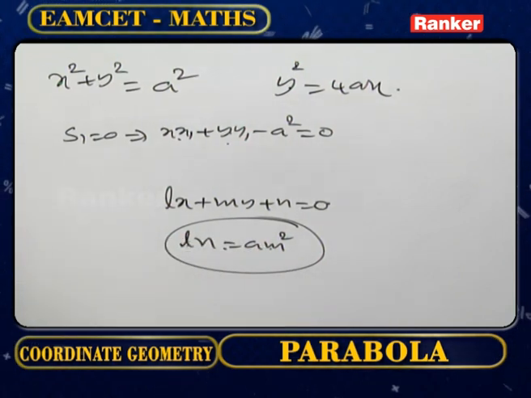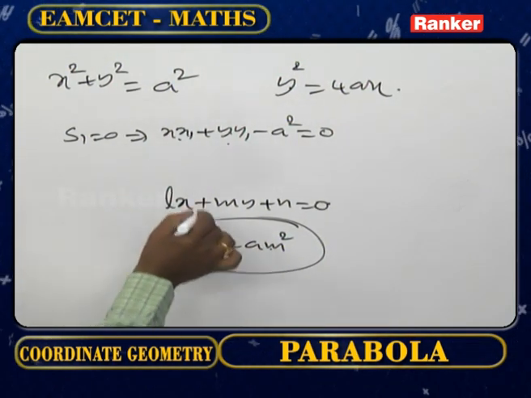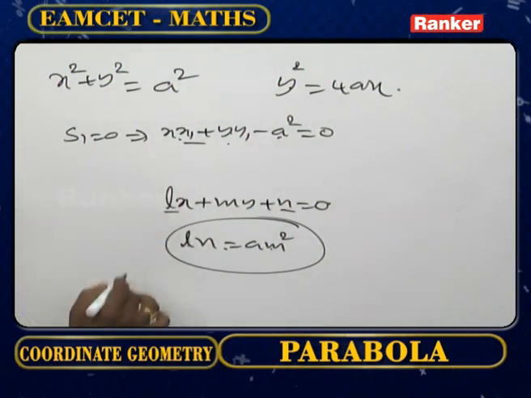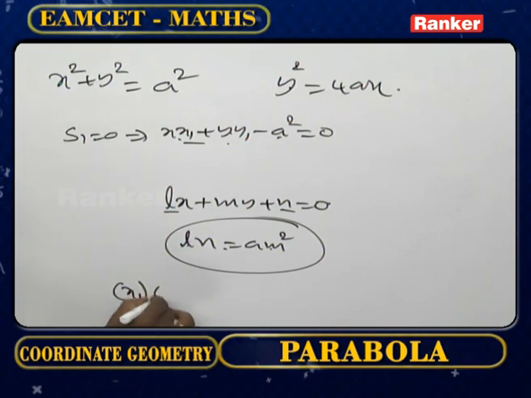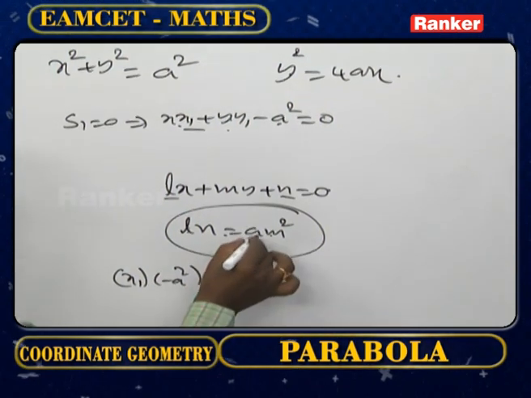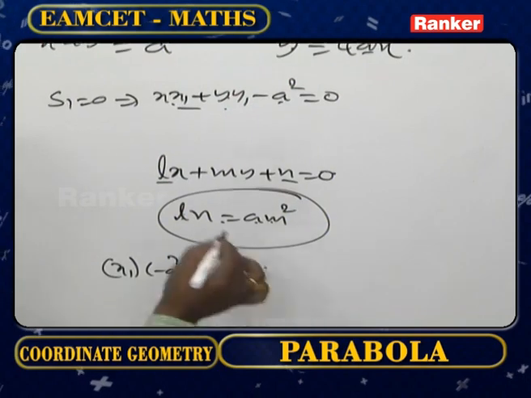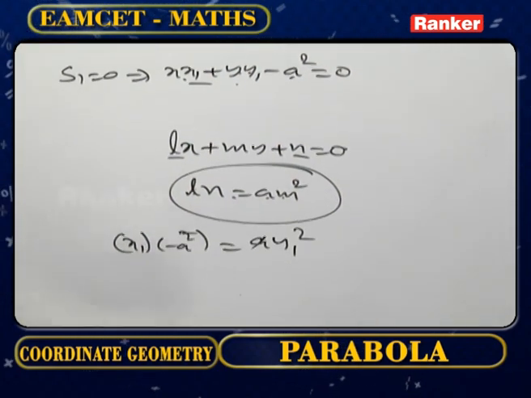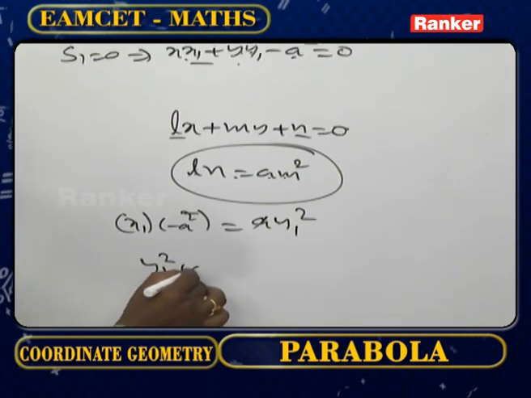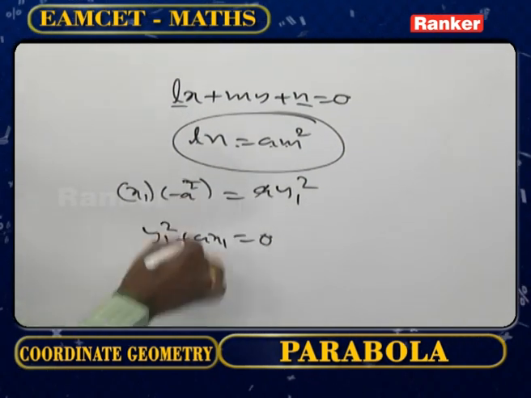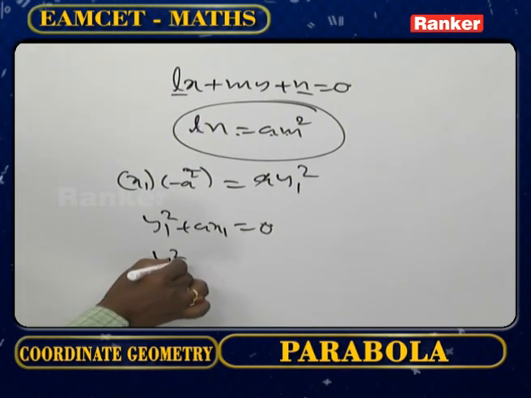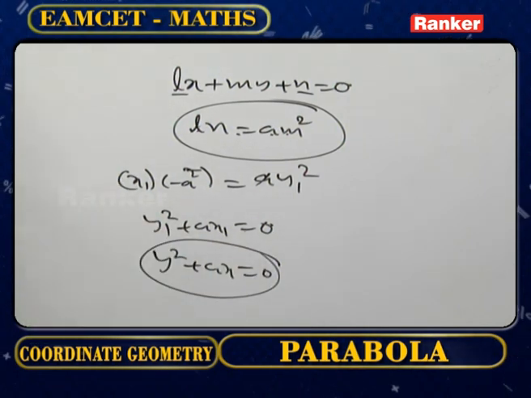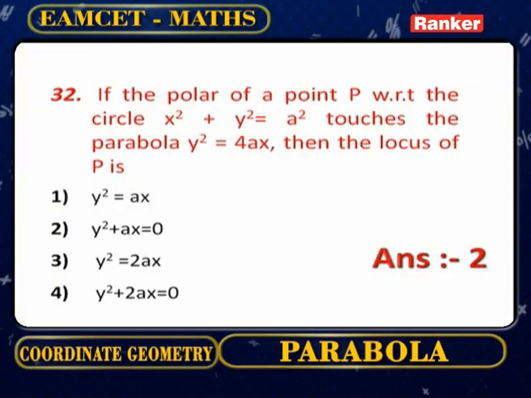Now substitute: l is x1, m is y1, n is minus a square, so x1 into minus a square equals a into y1 square. Now one a cancels, so y1 square plus a x1 equals 0. Then the locus of P(x1, y1) is y square plus ax equals 0.